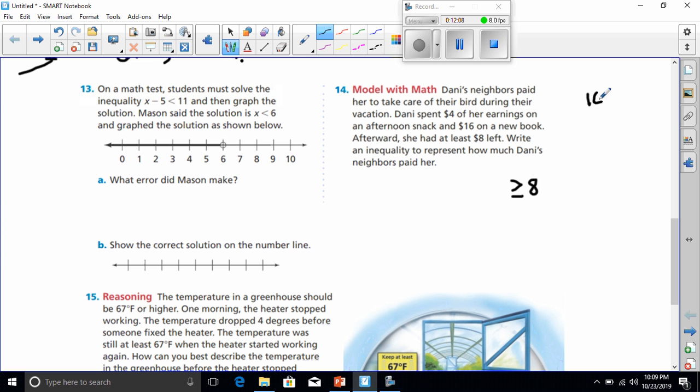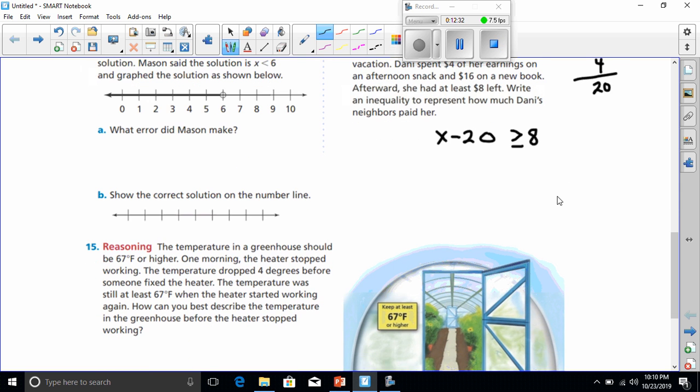Well, 16 plus 4 is 20. So we know that whatever they gave her, minus the $20 that she spent, is going to be greater than or equal to $8. And since they said write an inequality to represent it, I don't even have to solve it, do I? Okay, so let's just move from there.